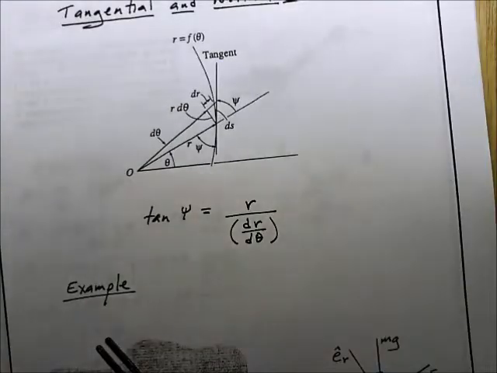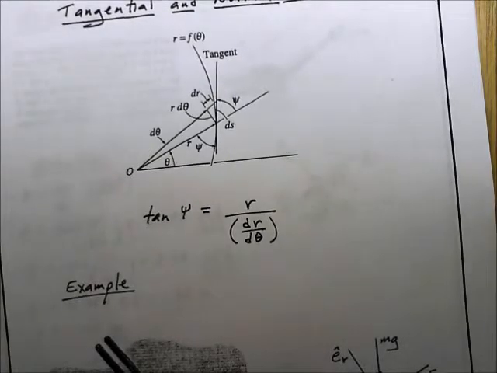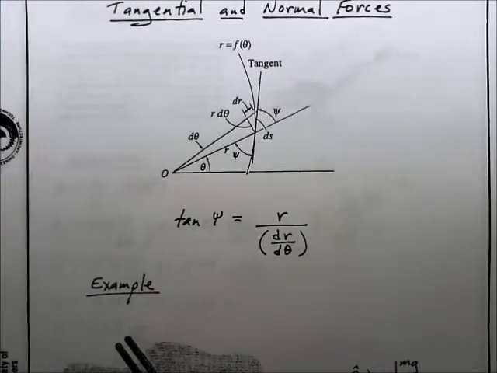Now, one of the problems that often comes up is when we have a particle following a path, and that path happens to be in cylindrical coordinates, how much force is required to keep the particle on the path? And that force will be normal to the path to keep it on the path, and so we're going to want to sum forces in the normal direction, which is easy when we're working in normal tangential directions.